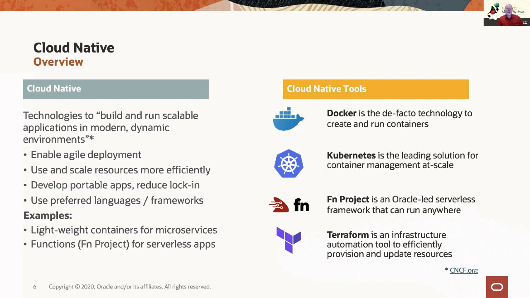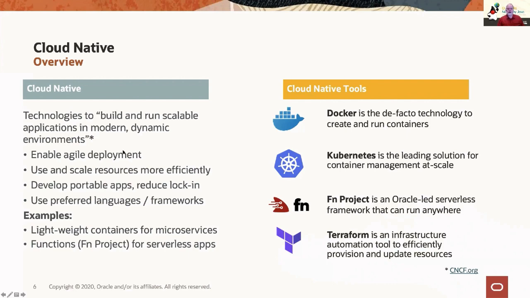The common ones are Docker, which is basically the standard for creating and running containers, and Kubernetes, which is the practical standard for running Docker containers and managing that run process. The Fn Project is a serverless open source framework that will allow you to run serverless applications anywhere. And many people use Terraform, which we will see in the lab, to actually build those services.